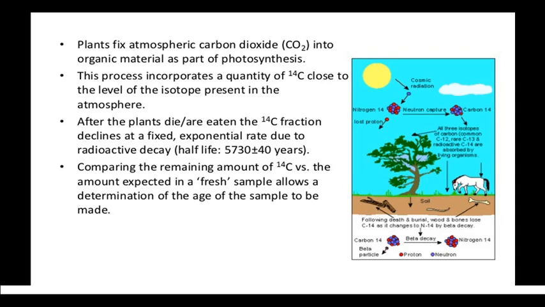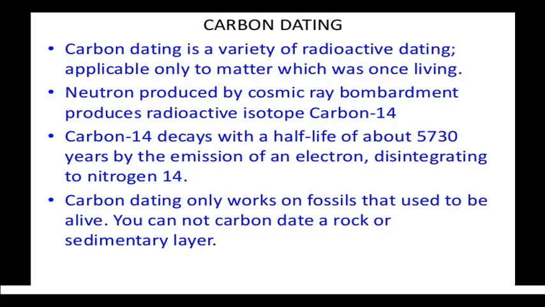Comparing the remaining amount of C14 with the original or the constant value, we can determine the age of the sample. So it's a variety of radioactive dating which is applicable only to matter which was once living.